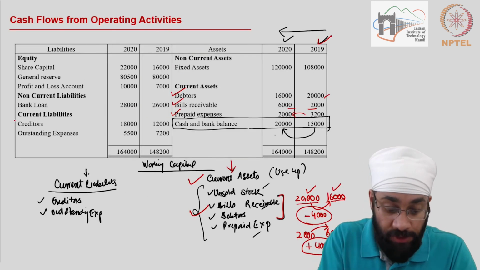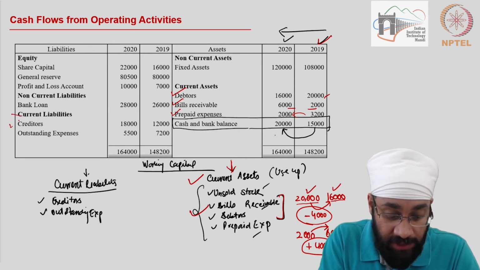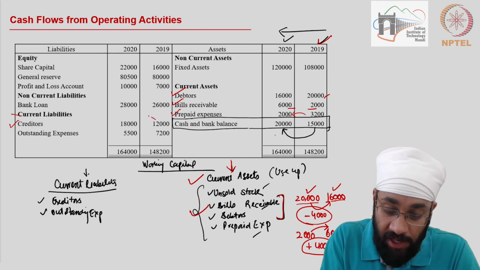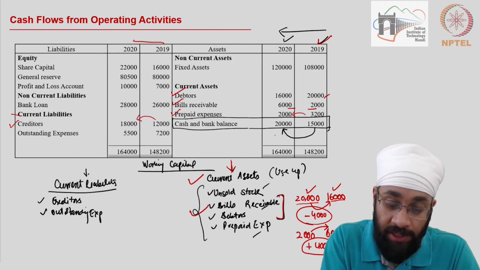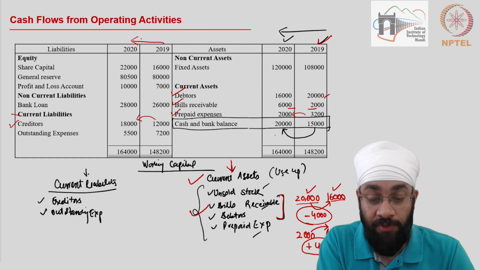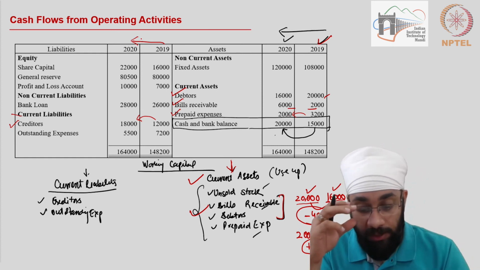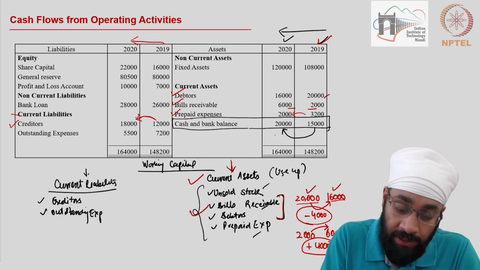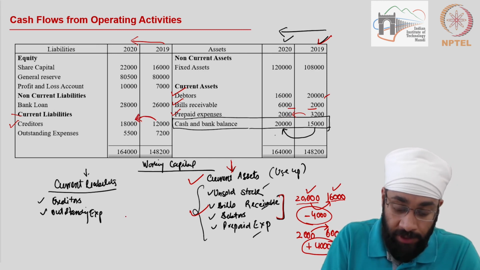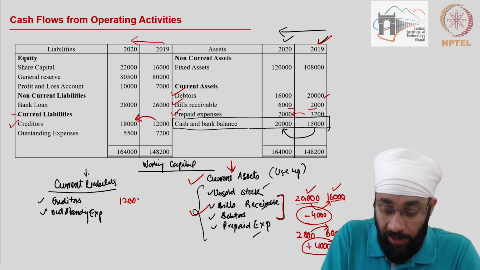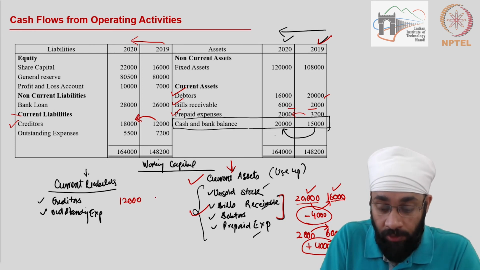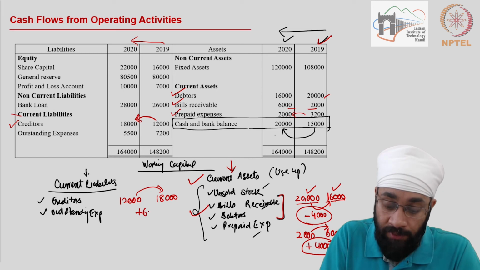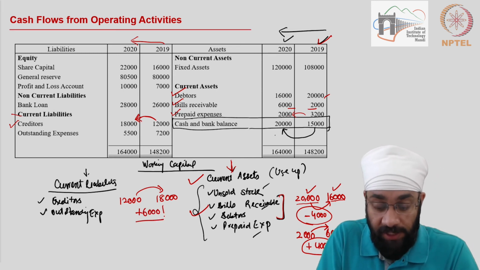All right, now let's move on to the current liabilities side. You have creditors. Creditors are going up from 2019 to 20. We are moving from right to left because the financial years are shown in that way. There is an increase in the creditors. So it means 12,000 were to be paid to the suppliers, now 18,000 need to be paid to the supplier. There is an increase of 6,000 in the money to be paid.